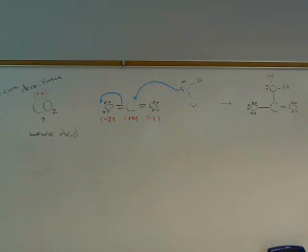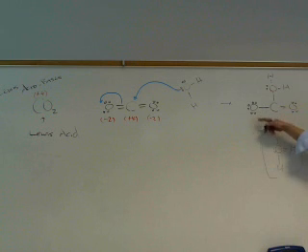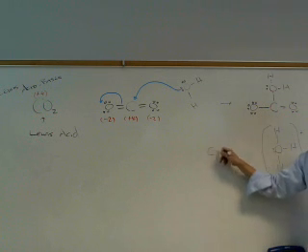Common bonding pattern. What are the common bonding patterns? Oxygen. Have you ever seen this? You know what this is called? Hydronium. So that looks like this. Have you seen this?